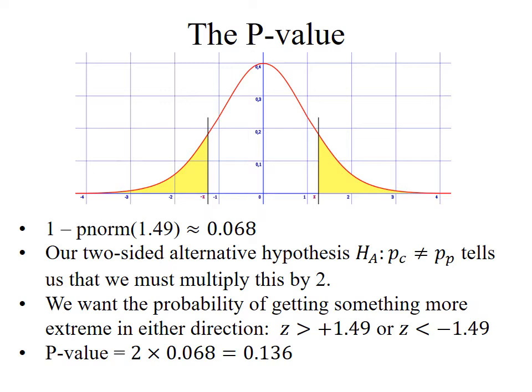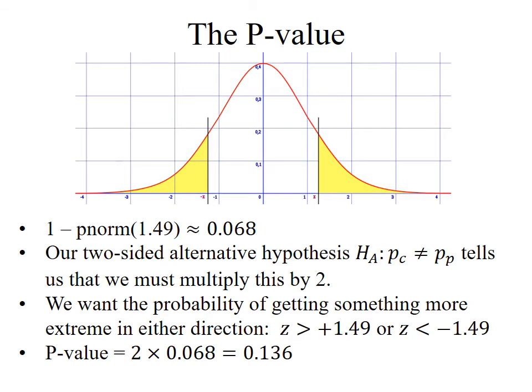I would have been just as interested if I got negative 1.49 or smaller. So to include both tails, the probability of getting a difference this big or bigger in either the positive or the negative sense, we multiply this by 2. So 2 times 0.068 is 0.136. That means there's a 13.6% chance of getting a difference this big or even bigger in either the positive or the negative sense.